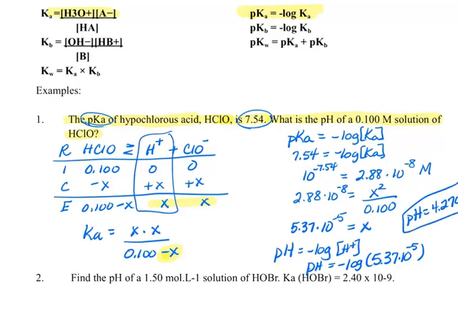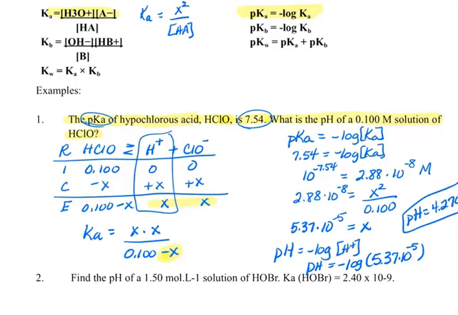Now, guys, when you're doing this, of course, sometimes they'll give you the Ka. In this case, they gave us the pKa. But generally speaking, if you have a weak acid, you should probably do the RICE table, or again, remember that your formula up here is generally going to be x squared over your concentration.